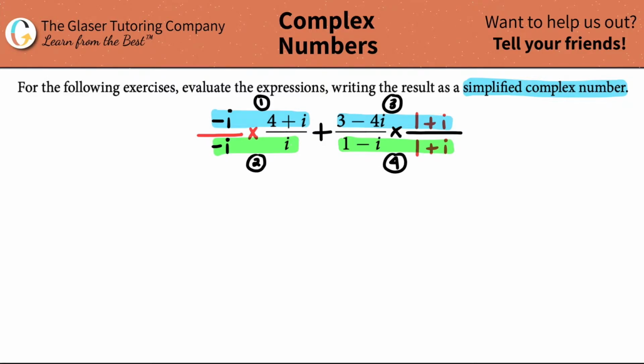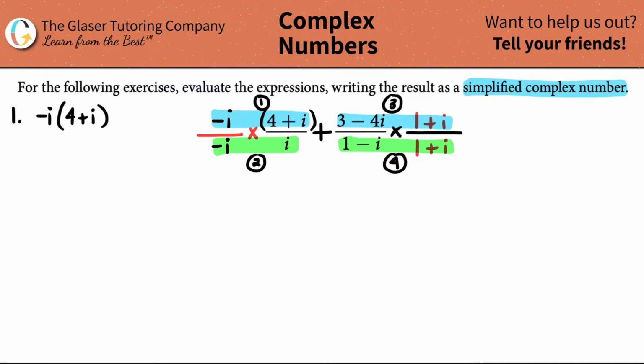So for right now, we're only going to be working on step 1, all right? So we're going to be doing negative i times (4 plus i). I just put this in parentheses because I need to multiply this whole thing by this. So (4 plus i).